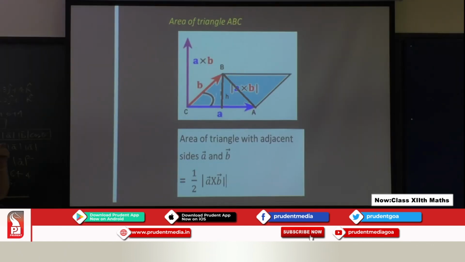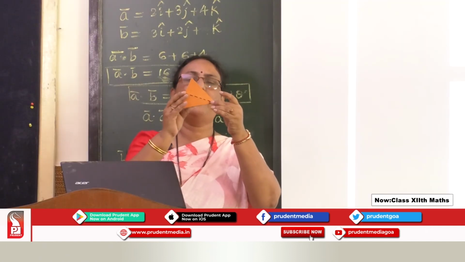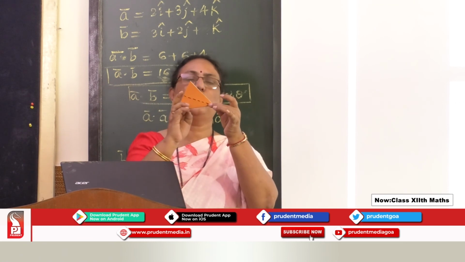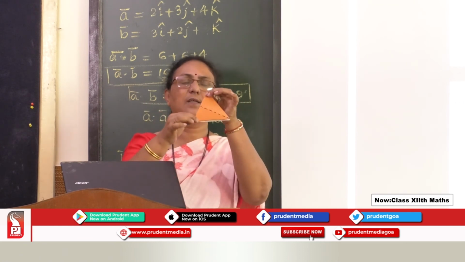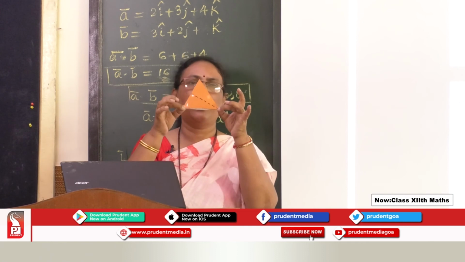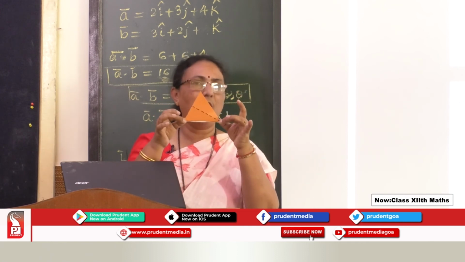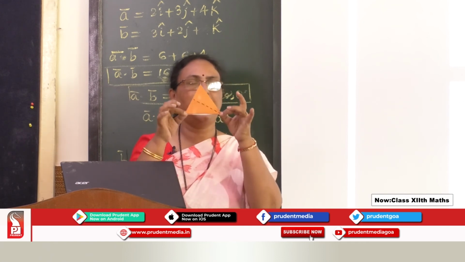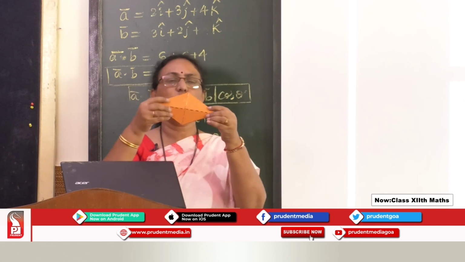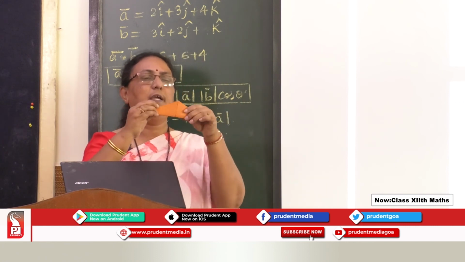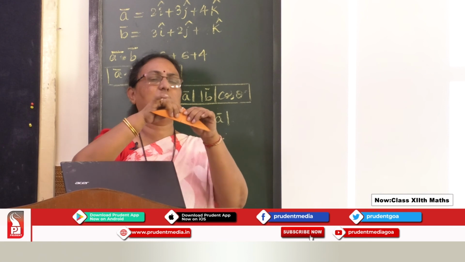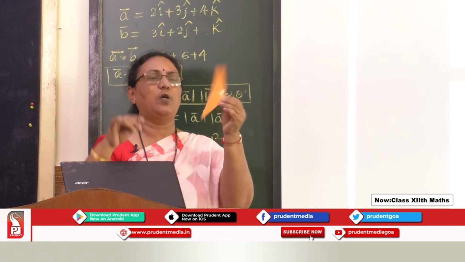Now the area of a triangle. Have you all seen that this is a parallelogram, and if I do like this, I divide this parallelogram into two equal parts, and I get a triangle. So the area of a triangle is half of the area of the parallelogram. You can even do it this way also, the area of the triangle is half the area of the parallelogram.